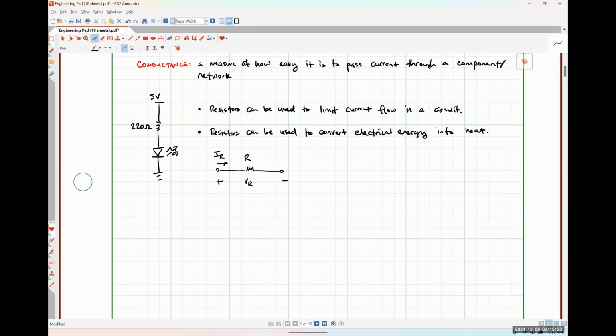In this case, Ohm's law can be written as the voltage drop across the resistor, V sub R, is equal to the current flowing through the resistor, I sub R, times R. So V is equal to IR, just like we're all used to, okay?